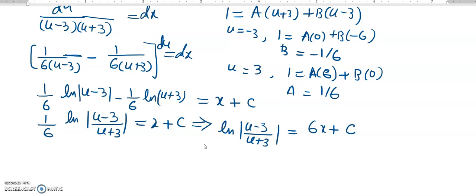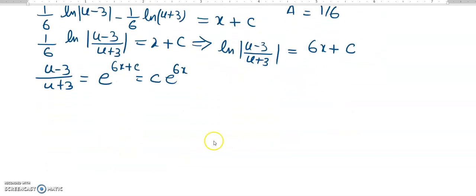Okay, now take the exponentiation. So u minus 3 over u plus 3 will be equal to exponent of 6x plus c, which is the same as c times e power 6x. Okay, because e power c will also be a constant.